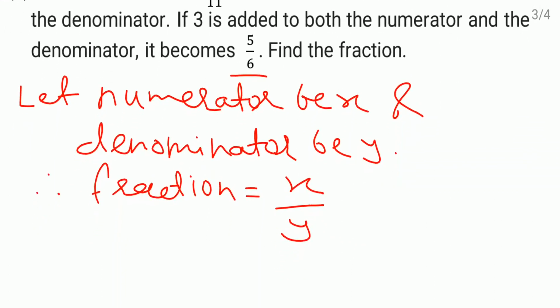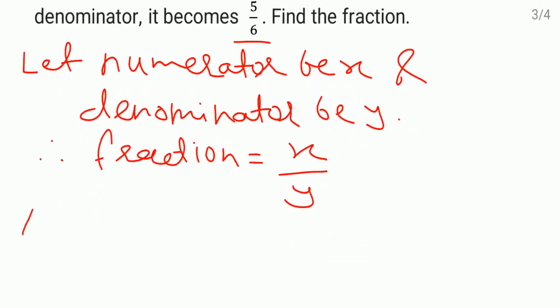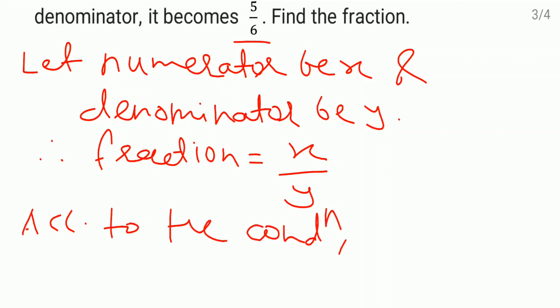Now look at the condition here. According to the condition, what is the condition saying? If we add 2 in the numerator as well as 2 in the denominator, so x plus 2 by y plus 2, our fraction becomes 9 by 11. See here.